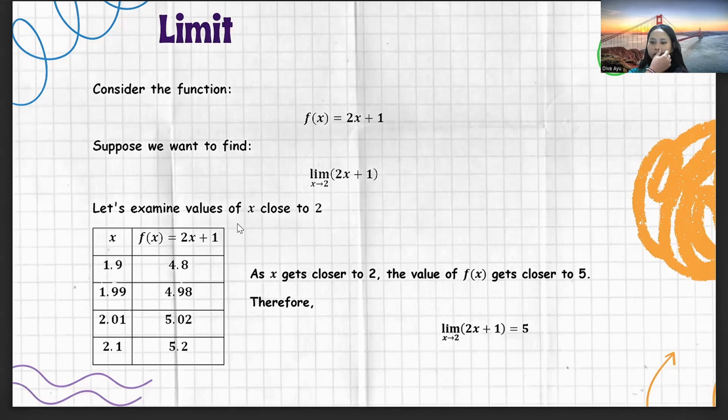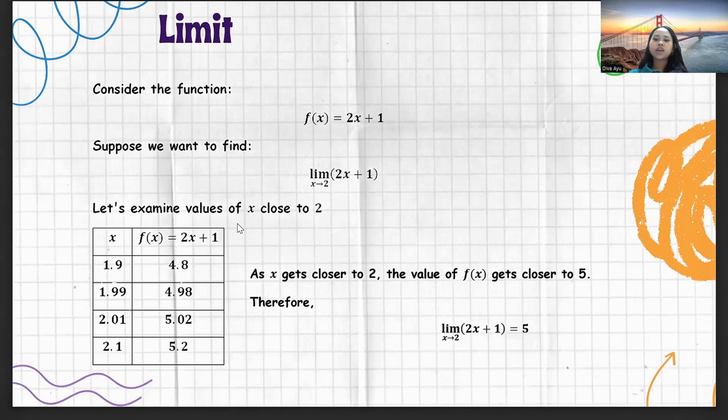Instead of substituting the value 2 immediately, we first examine the value of the function when x is very close to 2. For example, we use the values 1.9, 1.99, 2.01, and 2.1. Next, we calculate the value of the function for each of these numbers.